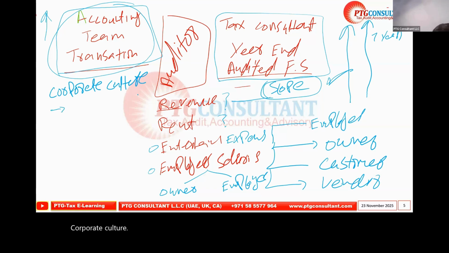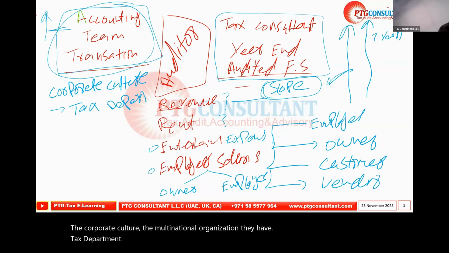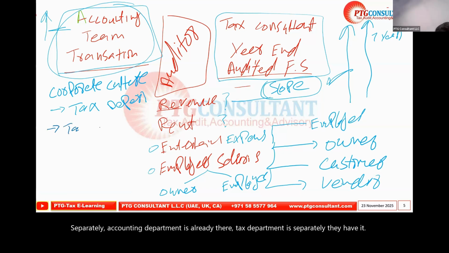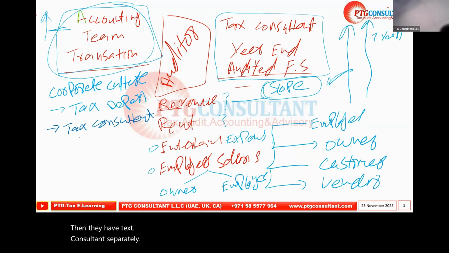In the multinational organization, they have a tax department separately. The accounting department is already there, the tax department is separate, and then they have a tax consultant separately. How do they have the tax consultant? Not at year end. They have a retainership.